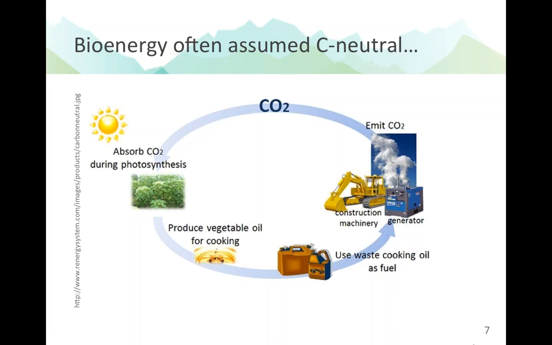All the carbon that was in that fuel goes back to the atmosphere in the form of CO2. But it was okay, right? Because that CO2 came out of the atmosphere originally in order to grow that plant, in order to make that fuel that you then burn. And so the thought is, okay, this is a closed, balanced cycle. That carbon is all neutral, and then we can just ignore it from our analysis.